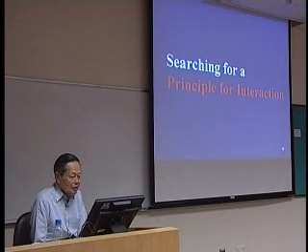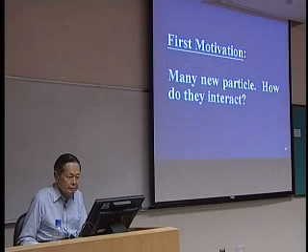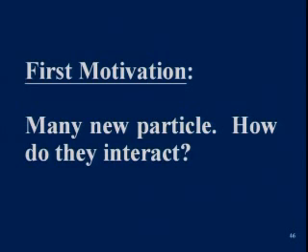The first was searching for a principle for interaction. That's the first motivation. There were many new particles at that time. There were theta particles, there were tau particles, there were lambdas, there were xi's, and there was the question of how these particles interact with each other.